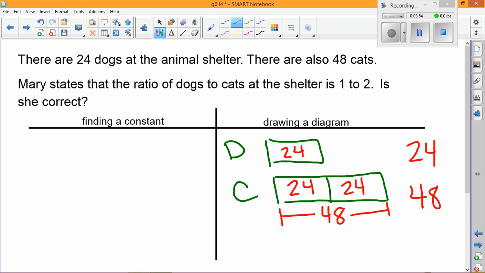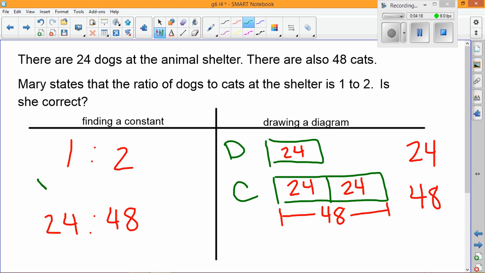Now trying to find a constant works a little differently. First, I write the ratios, 1 to 2 and 24 to 48. Then I look for the easiest fact that I can find. Well, 1 and 2 are both pretty easy, but I would pick 1 because that's pretty straightforward.